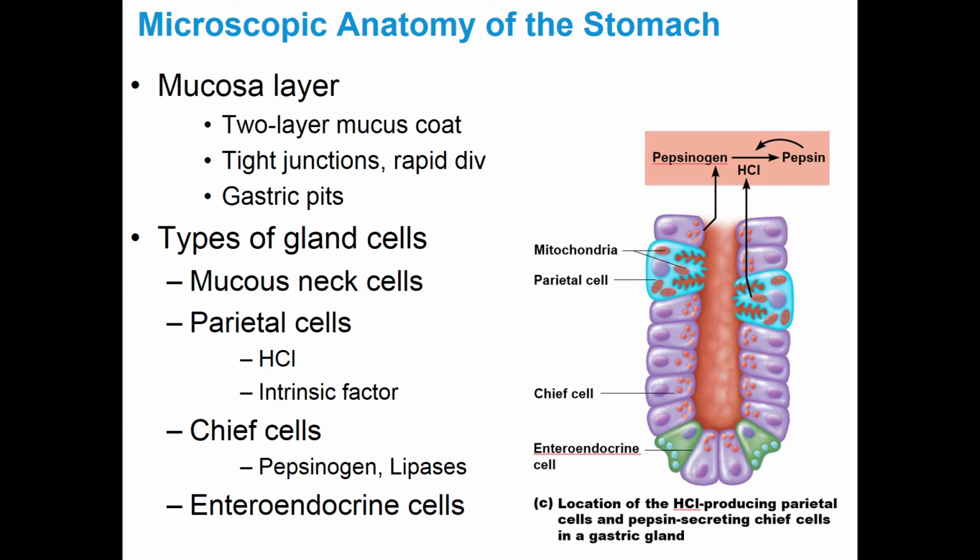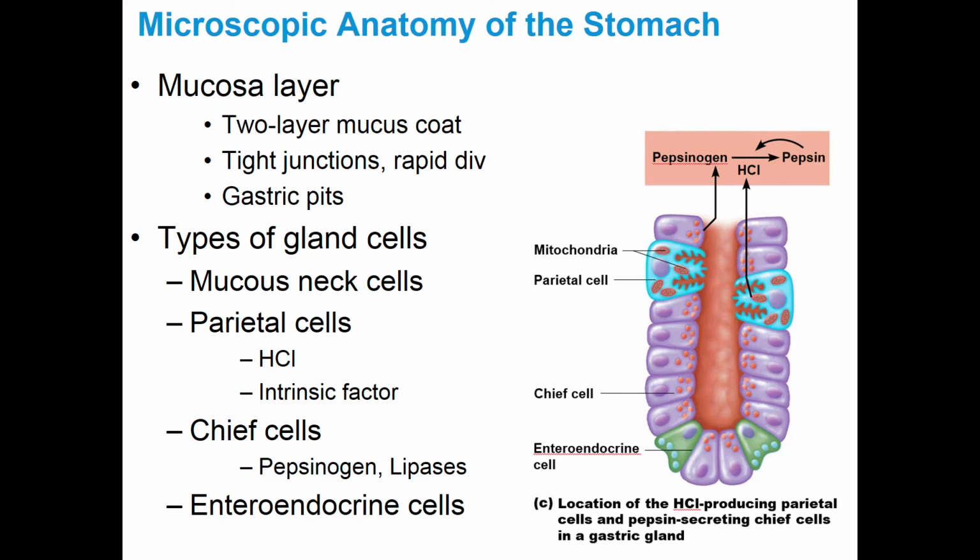The hydrochloric acid, again, is going to play an important role in killing any invading pathogens, but it is also going to activate pepsinogen to pepsin. That's going to play a role in the breakdown of protein. So hydrochloric acid helps denature proteins, but it also helps break down other things.